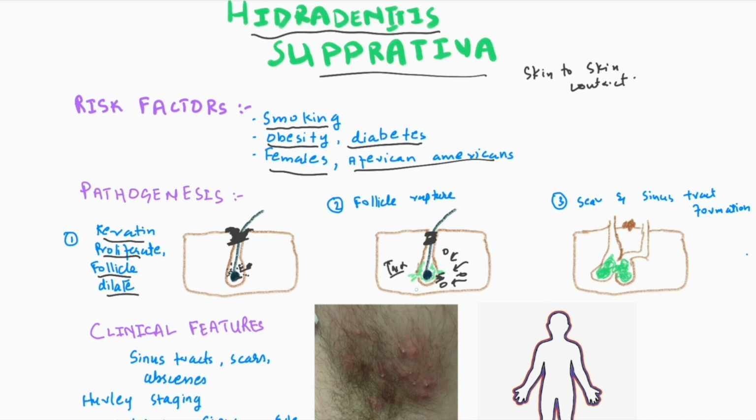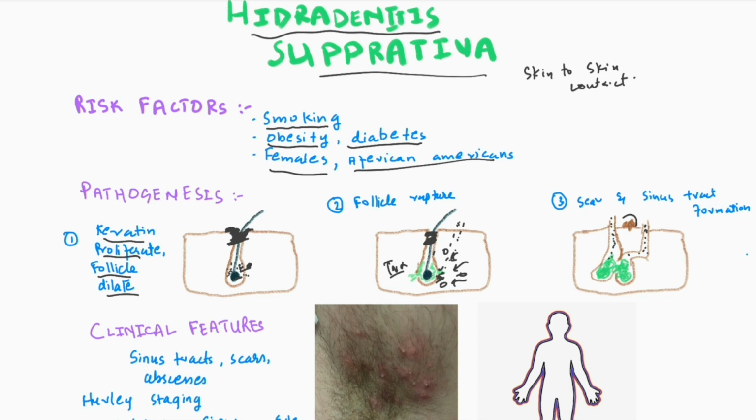All the cytokines come here, and the inflammation sets in. Once it ruptures, it can go on and form sinus tracts, and this abscess can then constantly drain for weeks to 2 months. It can drain from the skin surface.